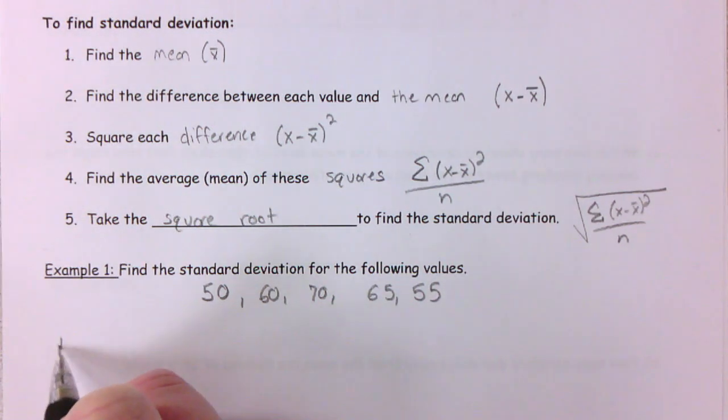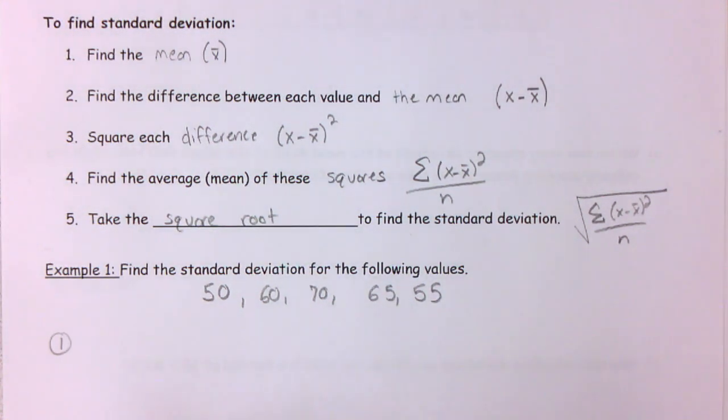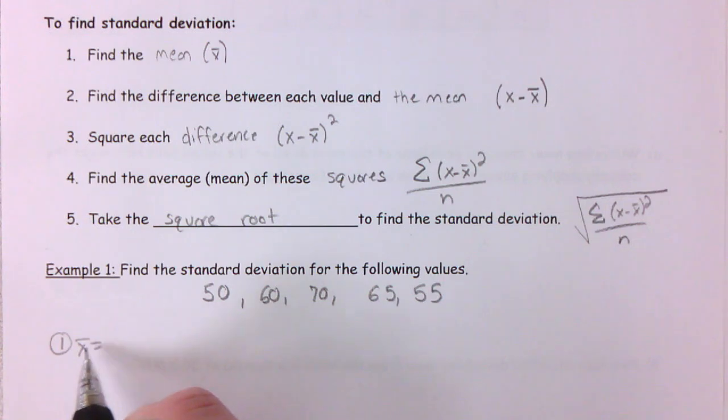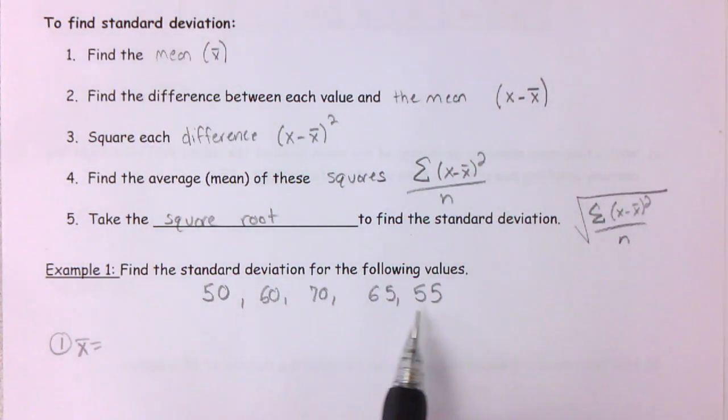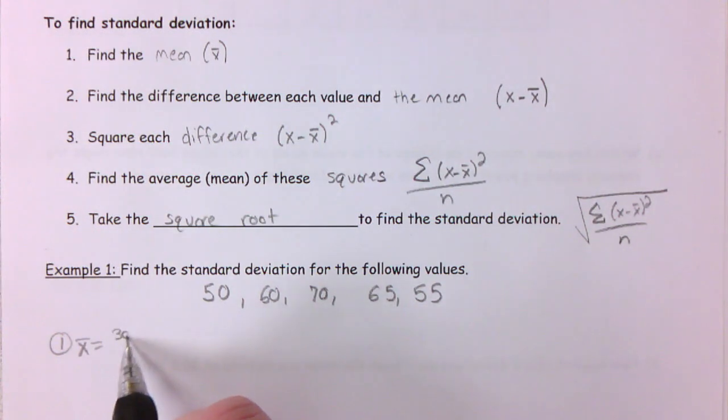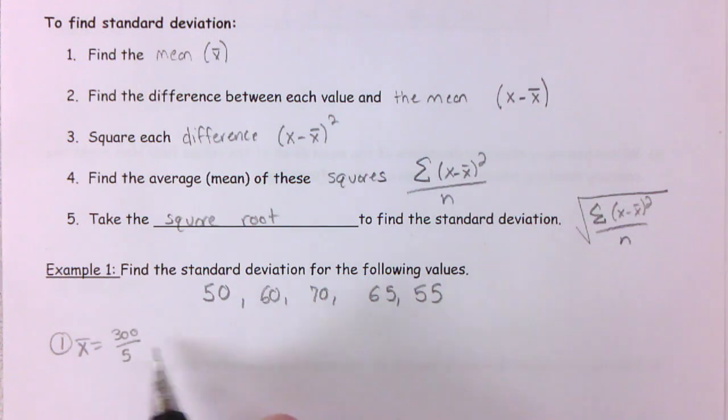Okay, so the first step is going to be to find the mean. So what is the mean of all of these values? If we add them up, we get 300 divided by, there's 5 of them, so the mean is actually 60. Okay, then I can go ahead and set up the table.